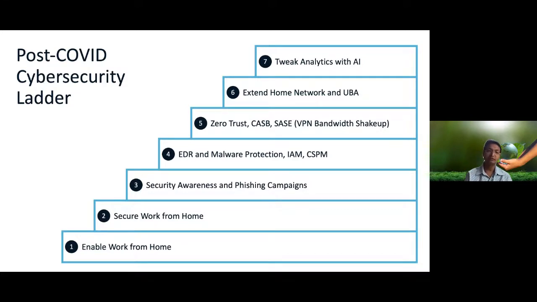Now, the good news is that with that particular thing, we did not have to work too much on the home networks, even though people were doing their secure home network configuration, but it was less of a worry for us. We started doing UBA, and then step number 1, we are still tweaking our AI models. We are learning as we go.